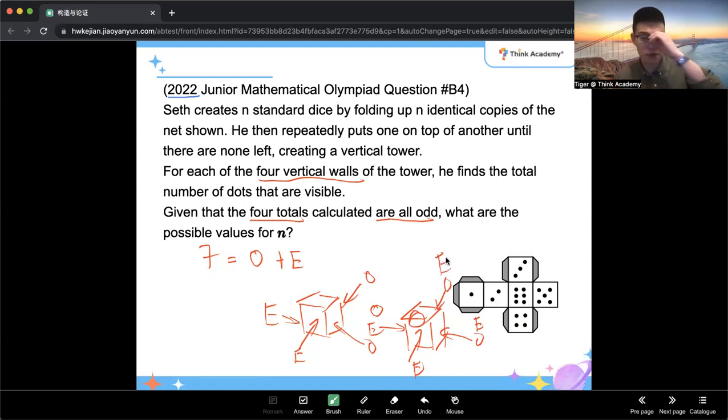So that works. But then, of course, we can't analyze it one by one, right? So what about 3, 4, 5, and so on? What are we going to do?